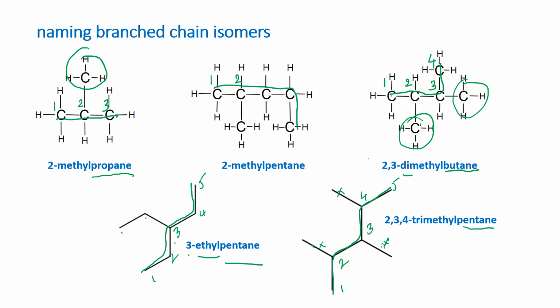Once, twice, 3 times. So they're positioned on carbon number 2, carbon number 3, and carbon number 4. So 2, 3, 4, trimethyl pentane. Trimethyl, 3 methyl groups as side groups. I need to position them. Carbon number 2, carbon number 3, carbon number 4. So 2,3,4-trimethyl pentane.